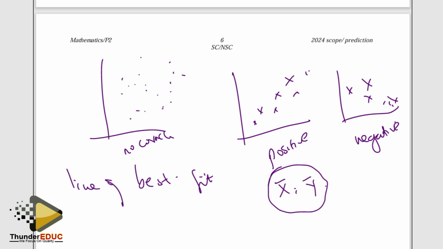The line must pass through this point. It's a must. And then try to balance it up, whether it has an equal number of points above it and below, or it's passing through some points, and just play around with that. But it must rotate around this.